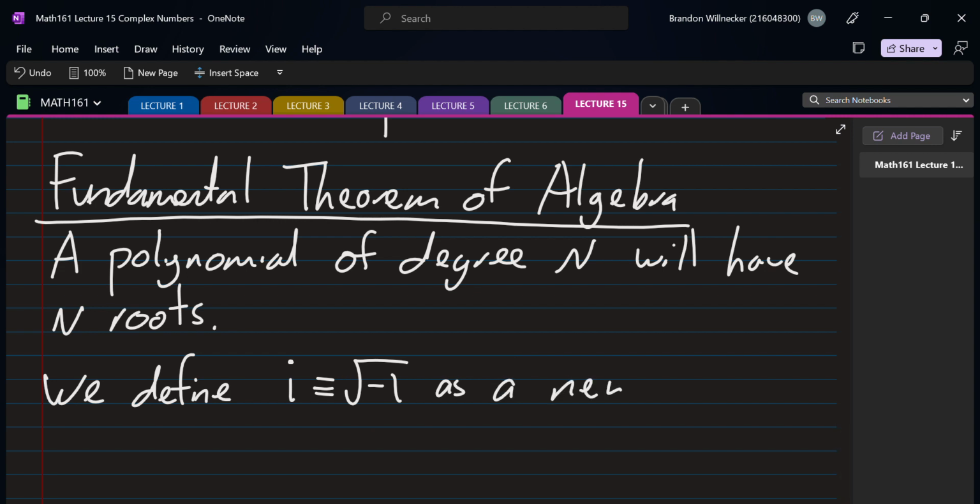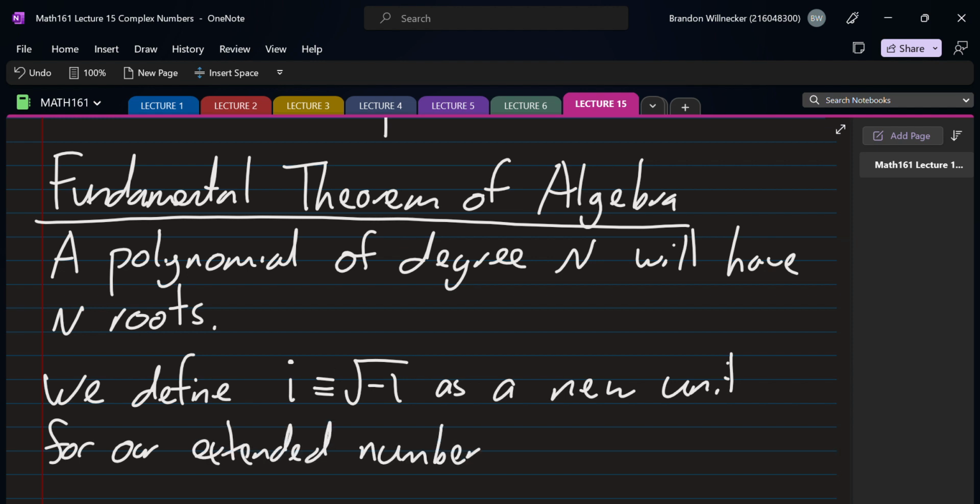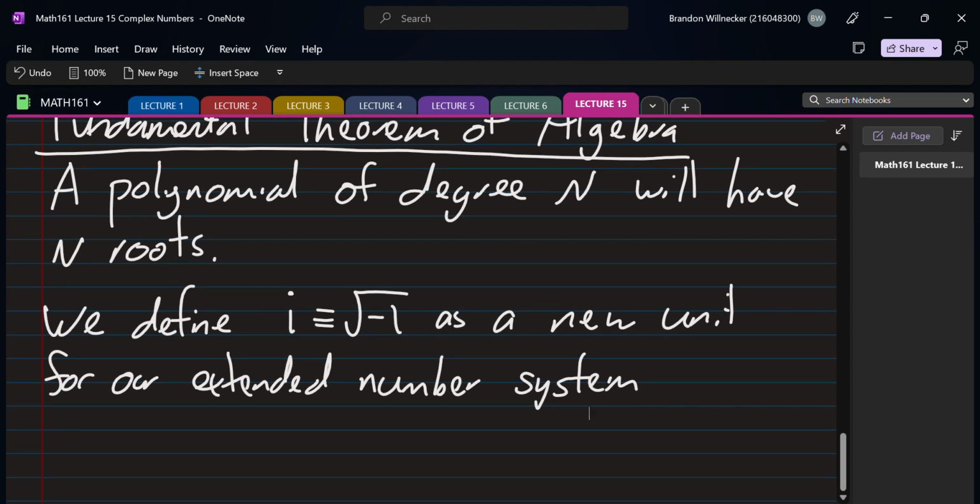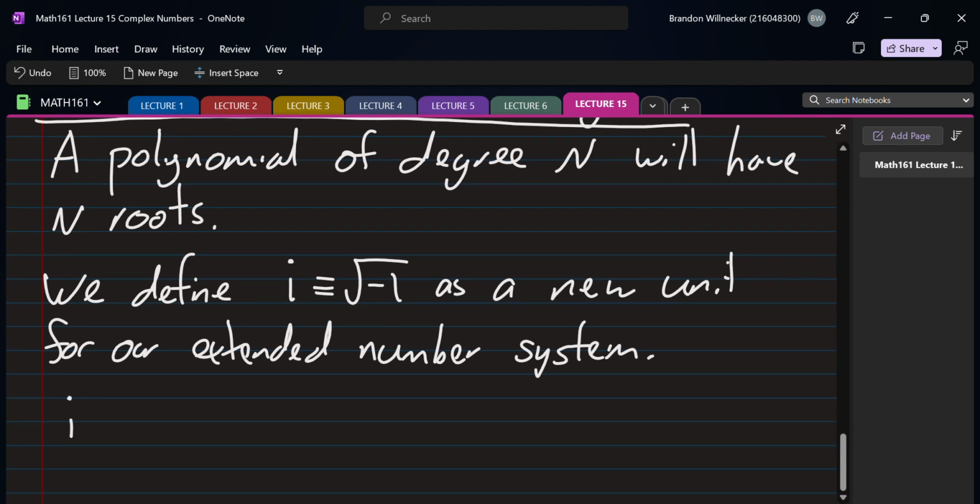as a new unit, like 1 or minus 1, a new unit for our extended number system. So we take the real numbers and then add this as well, as a new addition to it. Okay, so note, i is not a real number.